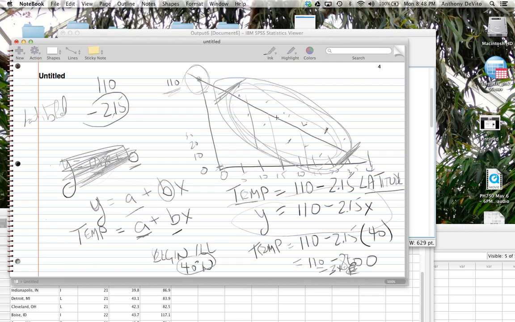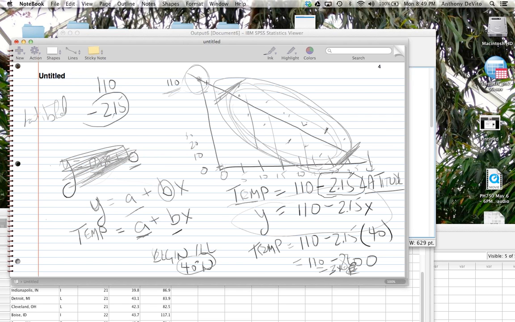The other thing it allows me to do is see the influence of latitude on temperature. Each degree of increase in latitude drops average temperature 2 degrees.